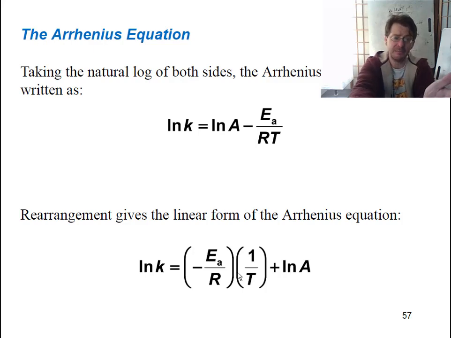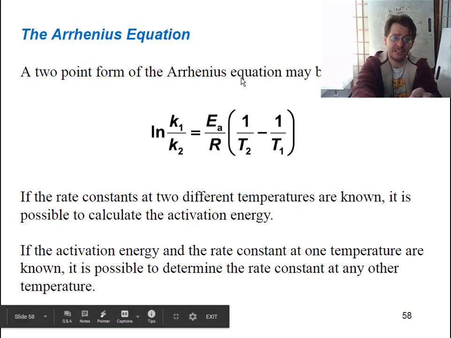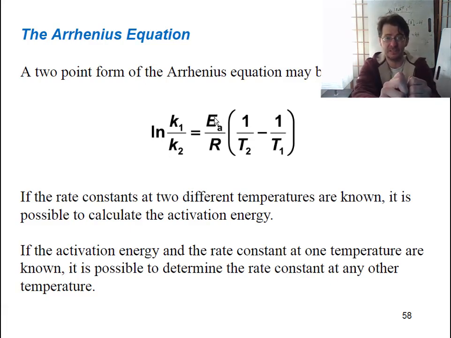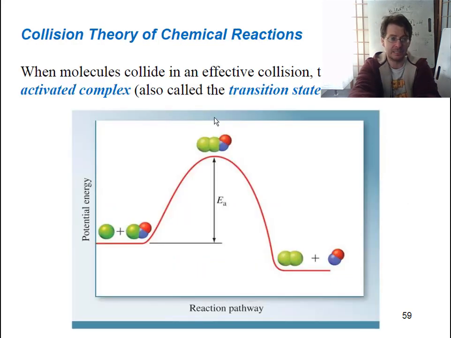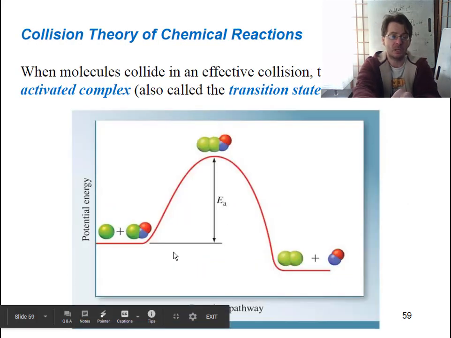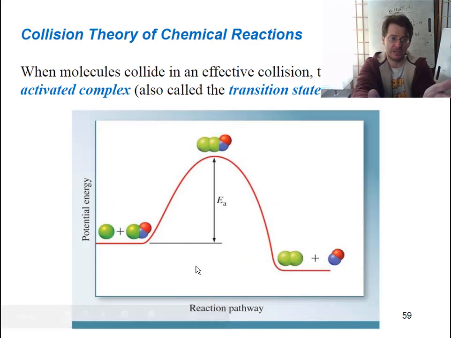It may not seem like much, but this activation energy allows us to know something about what's going on at the molecular level. We can actually start to talk about what's happening. It is a chemical quantity that we can't directly measure. If you remember, we can start with the reactants, we can end with the products, and we can measure that energy difference. That's our standard enthalpy calculation or our Gibbs free energy calculation.